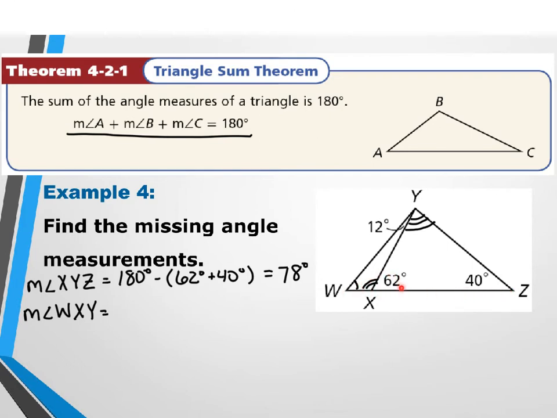So this whole thing adds up to 180 degrees. Subtract. Okay, so knowing this fact that these two angles add up to 180 degrees, we could say, 180 degrees minus our 62 is going to give us our measurement for WXY, which is 118.